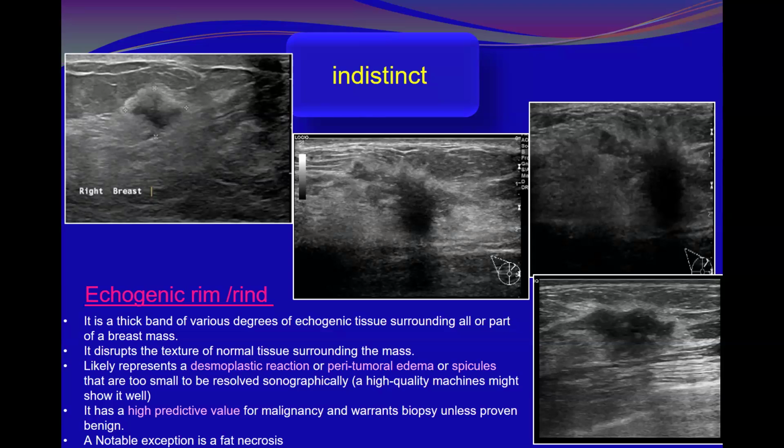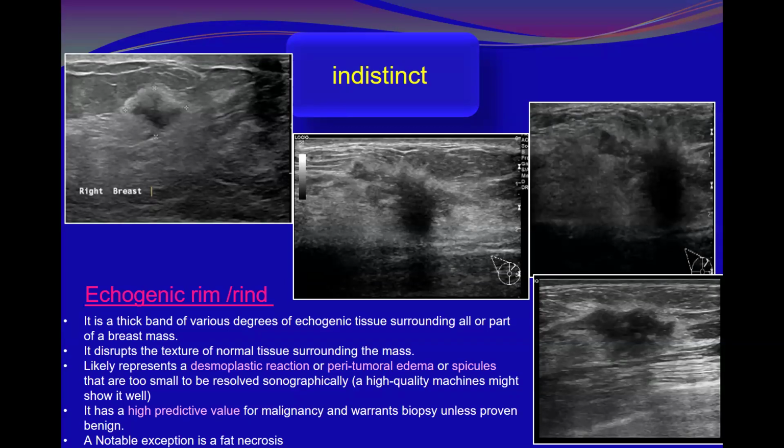It is thought to represent a desmoplastic reaction, or peritumoral edema, or spicules that are too small to be resolved sonographically. And in some high quality machines, they might demonstrate such spiculations in lesions with this echogenic rim, compared with low quality machines.